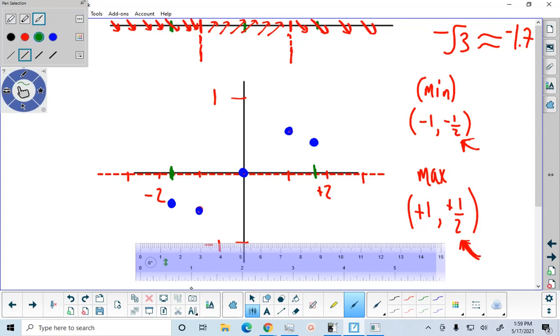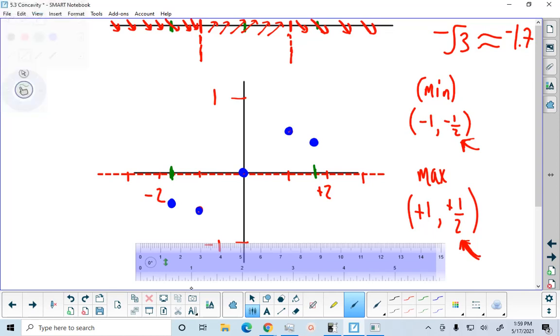Well, your second derivative, in your first interval, I'm going by memory, I need some help here. In your second derivative, the first interval from negative infinity to negative root 3 is negative, correct?